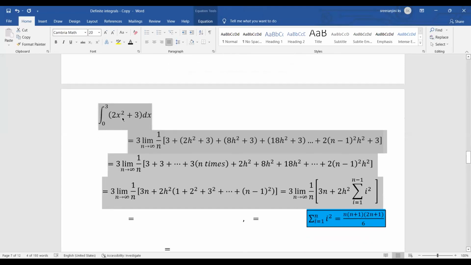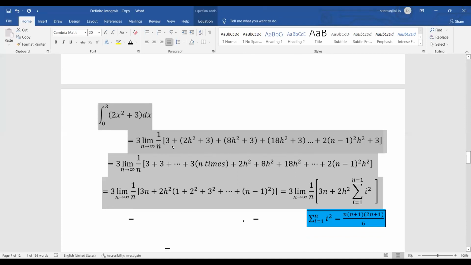Integral 0 to 3, 2x square plus 3 dx is equal to 3 minus 0, 3, limit n tends to infinity, 1 by n. F of 0 is 3. Then f of h, 2h square plus 3. F of 2h, 8h square plus 3. F of 3h, 18h square plus 3 plus etc. plus the last term 2 into n minus 1 square h square plus 3.